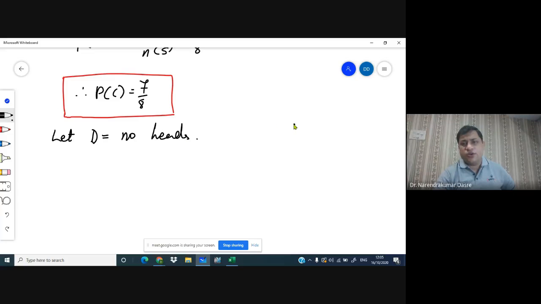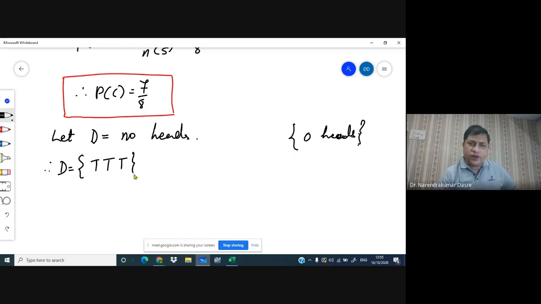No heads is zero heads. There is only one observation when you have all tails, so the number of points in the event D is 1.